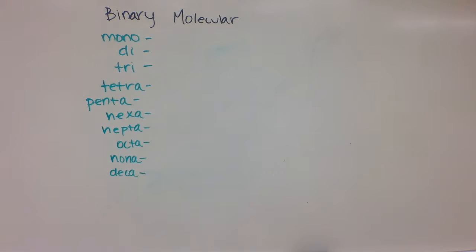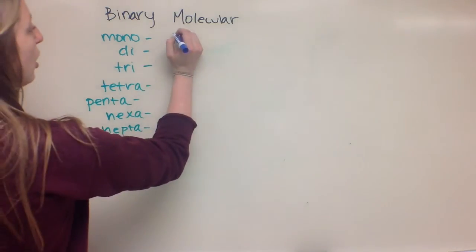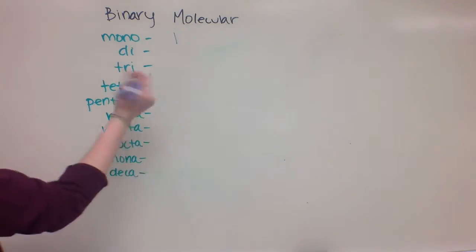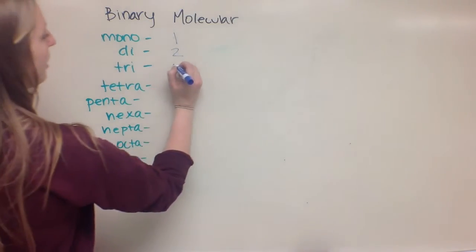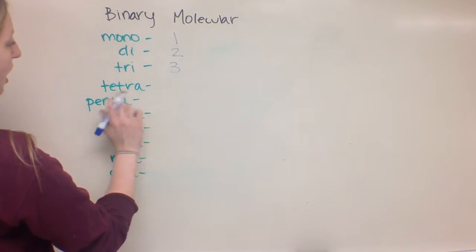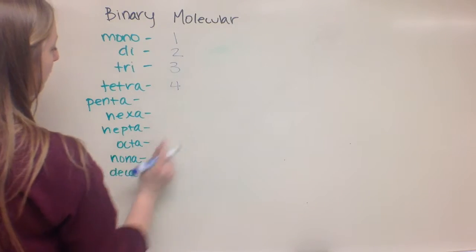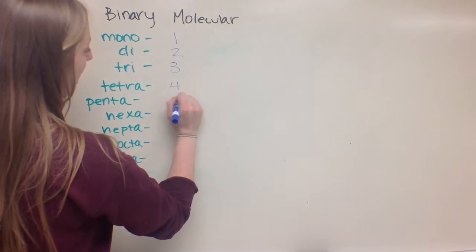One of the most important things about making binary molecular formulas is remembering all of the prefixes. Now, they're not too difficult if you just think about shapes. So for example, mono means 1, di, 2, tri, 3, tetra, 4, penta, 5.